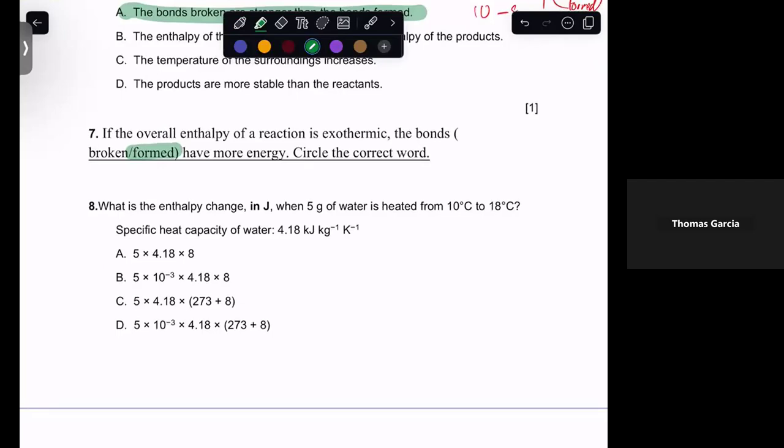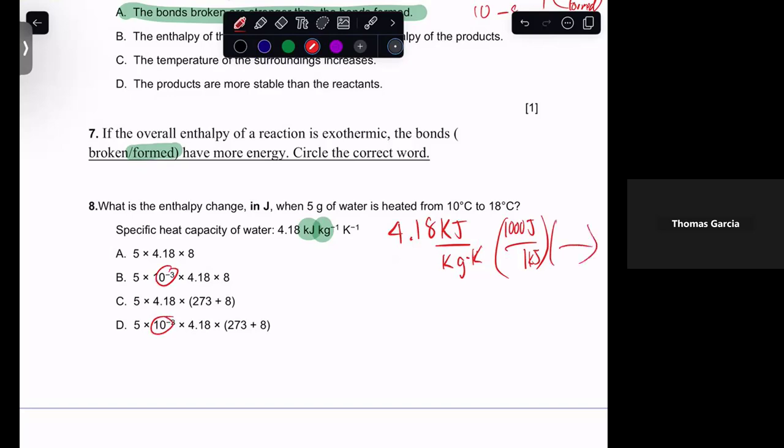What is the change in enthalpy in joules when 5 grams of water is heated from 10 to 18 degrees Celsius? They give us a specific heat in kilojoules, but it's also per kilogram. So that's the little tricky part here, because if you take 4.184 kilojoules per kilogram, to convert that we would need two conversions. 1 kilojoule is 1,000 joules, so that would imply using 10 to the thirds.